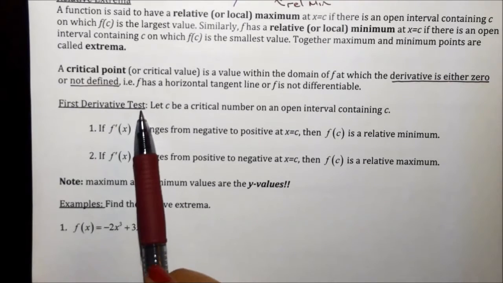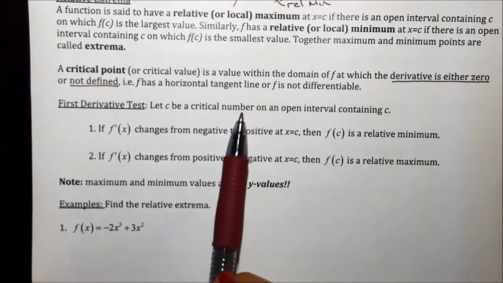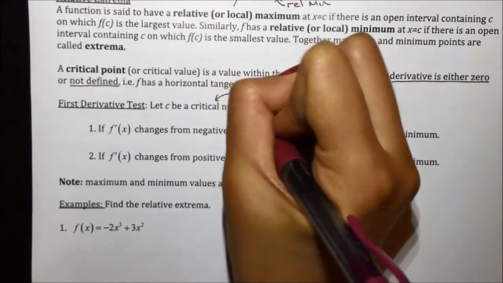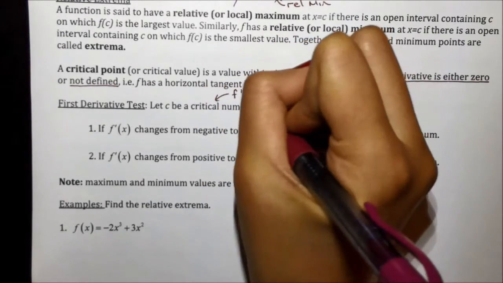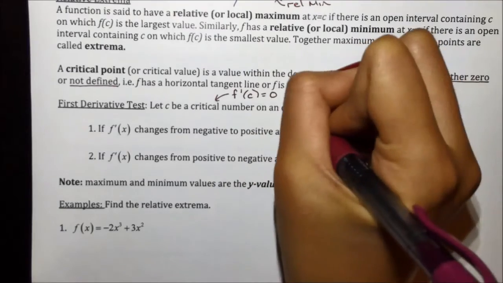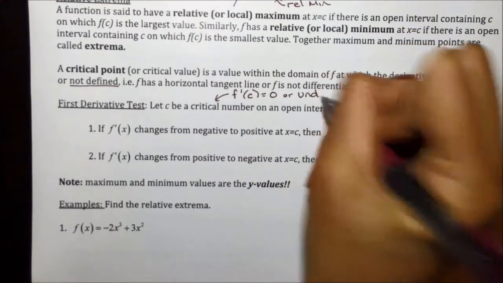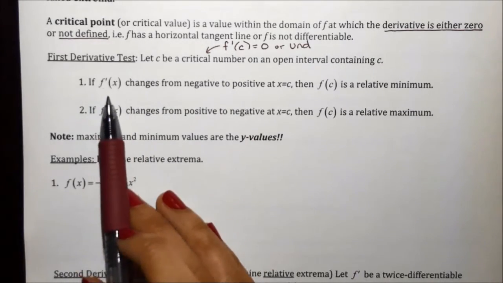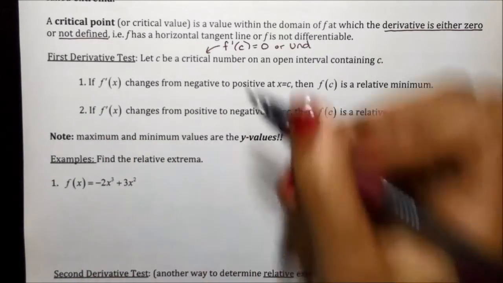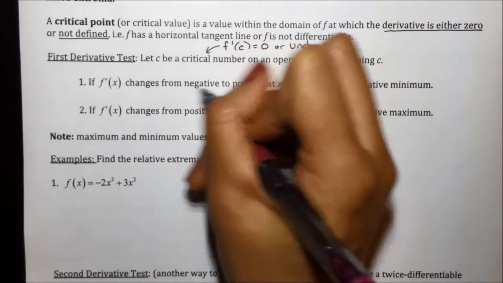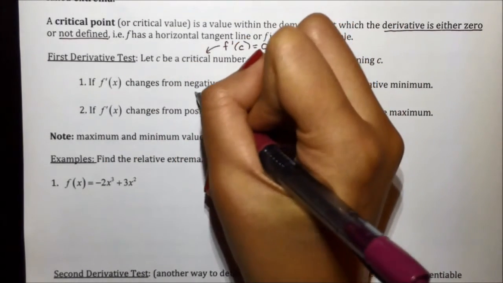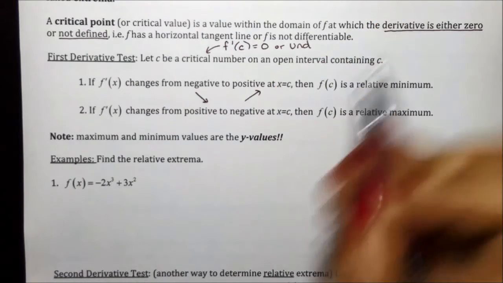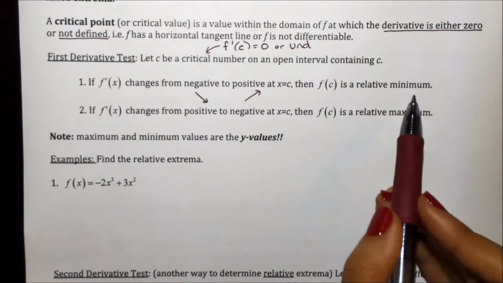What the first derivative test says is that if you have a critical number, meaning that if the first derivative at some number c equals 0 or undefined, then you can apply the first derivative test. And if the first derivative changes from negative to positive, so think if the first derivative is negative, it's decreasing, to positive, that means it's increasing at x equals c, then you're going to hit a relative minimum.